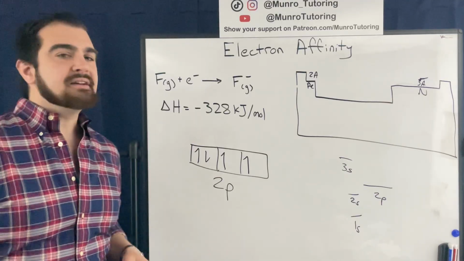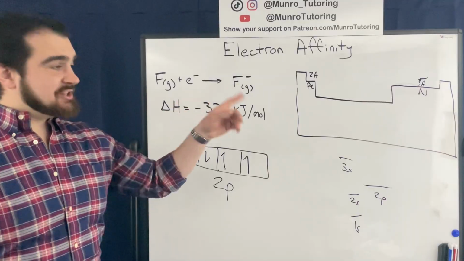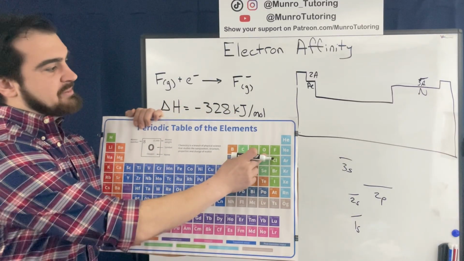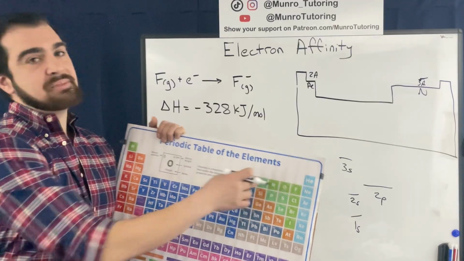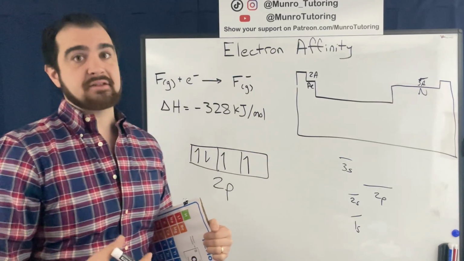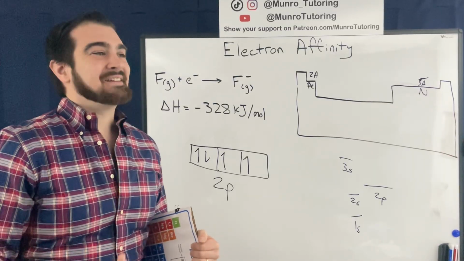And so basically, this is not favorable. In the case of nitrogen itself, the first element that we see that has a P3 orbital diagram, that's actually going to be a 0 or less than 0 electron affinity. It does not want that electron.